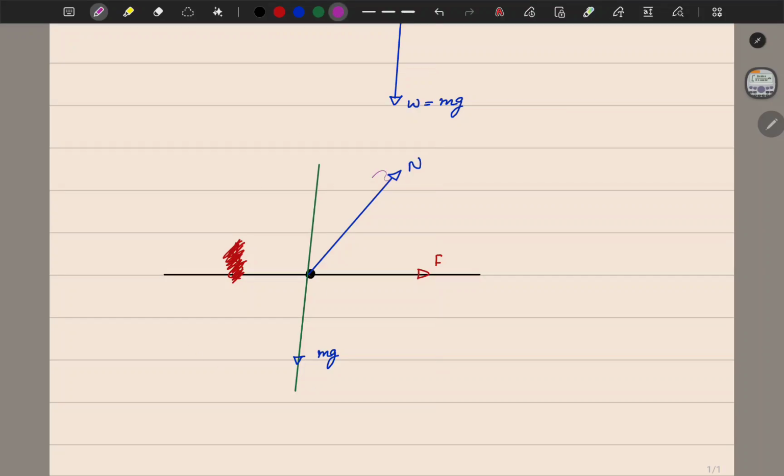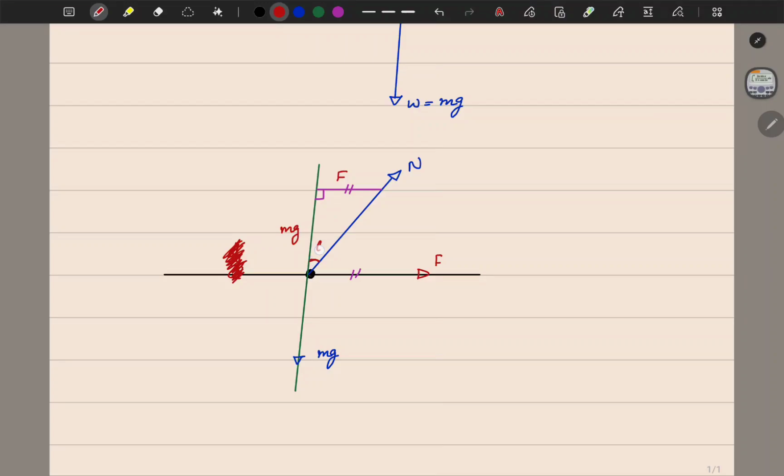Now from here we can complete this right triangle here with a line that is parallel to the centripetal force. So this is going to be F, and this is going to be mg because it's straight along the weight of the body.